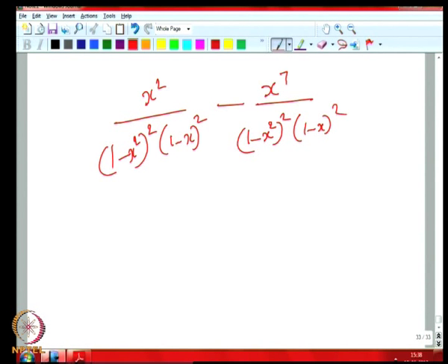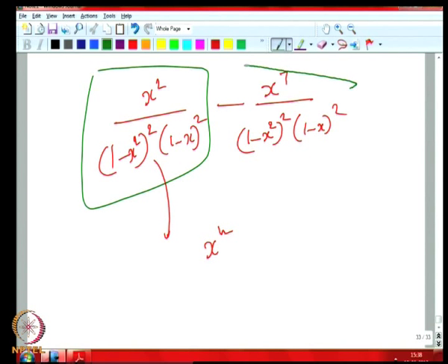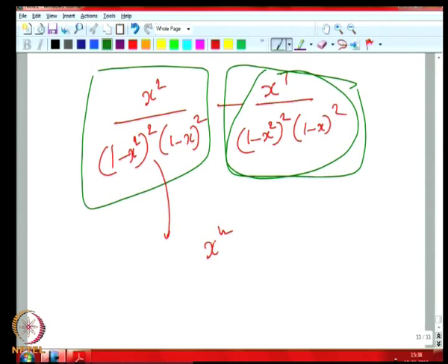Now, when I am interested in the coefficient of x raised to n, I can get the coefficient of x raised to n in the expansion of this, and the coefficient of x raised to n in the expansion of this portion, and then take the difference, right, this coefficient minus this coefficient. So I can concentrate on one of them, because if I can do this thing, I can do this also, right.